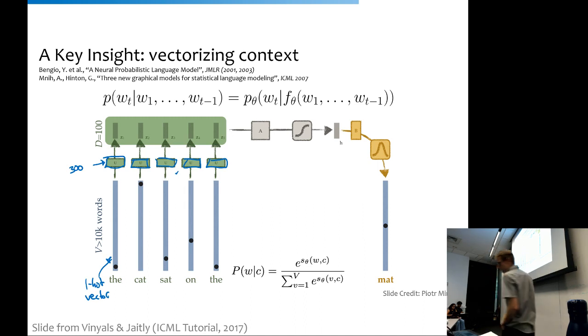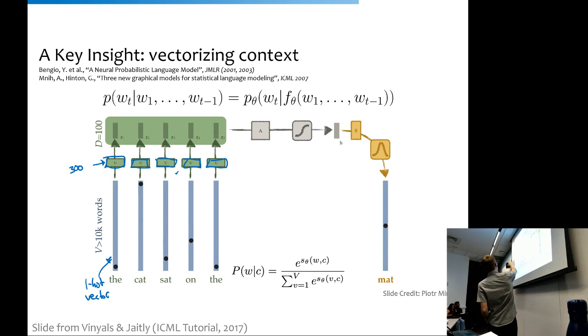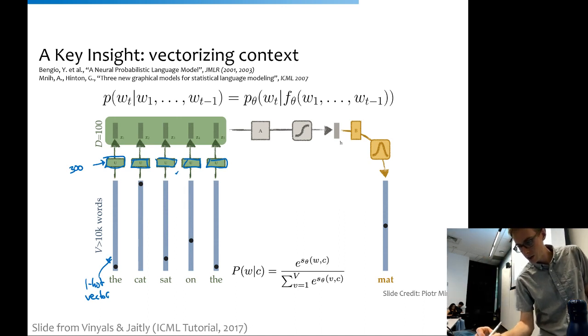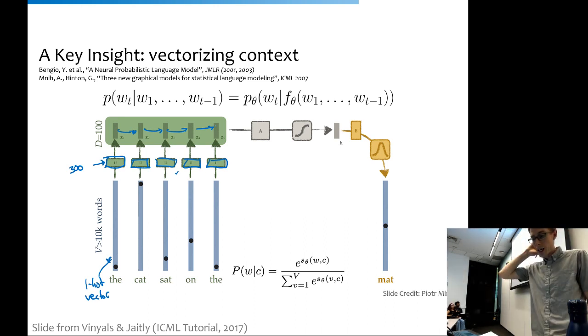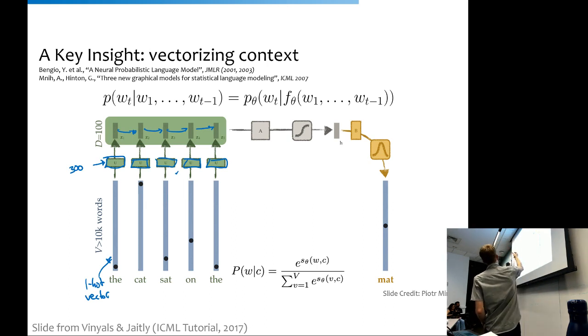And so the idea then of a language model is that we could use these vector representations of our words as input to an RNN, and what we could get out at the end is a vector. So these little z vectors are connected together by an RNN, and at the end we could get out some representation of the actual context.